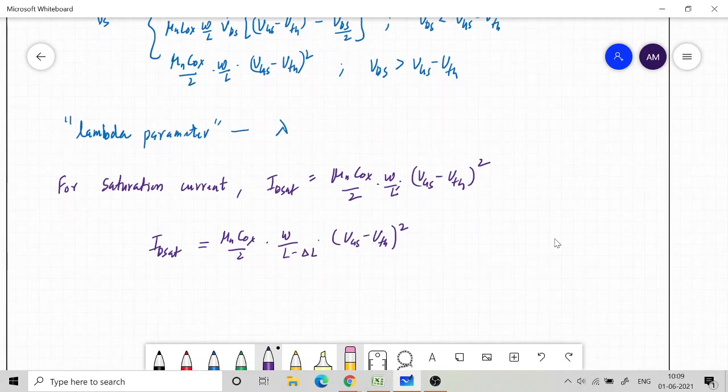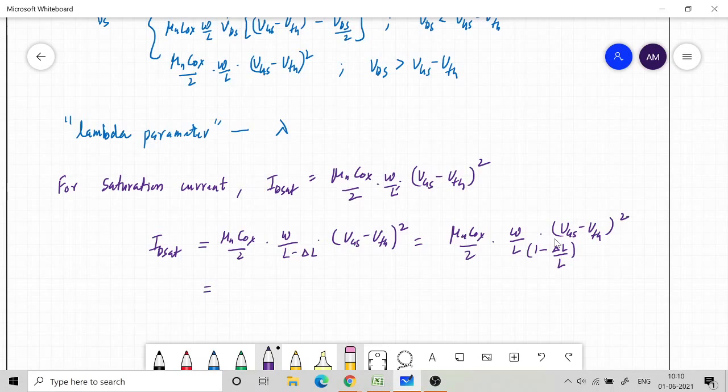But here we need to consider this. So I will take capital L outside and write it as 1 minus delta L by L. So this is mu n Cox by 2 W by L, and then 1 minus delta L by L into VGS minus VTH the whole square. This is my saturation current.